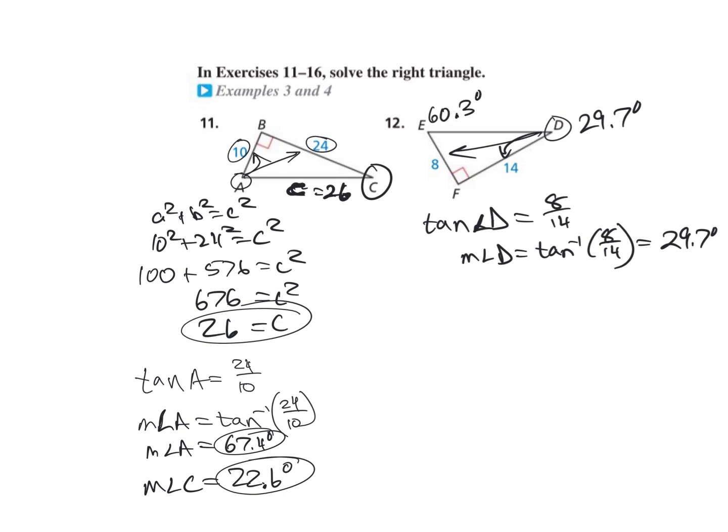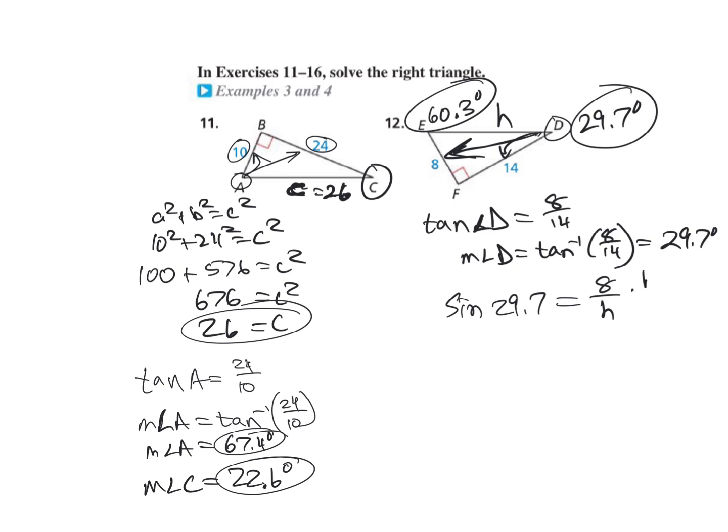degrees for E. Now to get the hypotenuse, I'll use the 29.7 angle D, and those are the first two answers. If I want the hypotenuse, let's say we use the opposite leg. So that's the sine of 29.7 equals the opposite leg over the hypotenuse. Now how do I solve for the hypotenuse? Multiply by h on both sides, and then divide off the sine of 29.7.